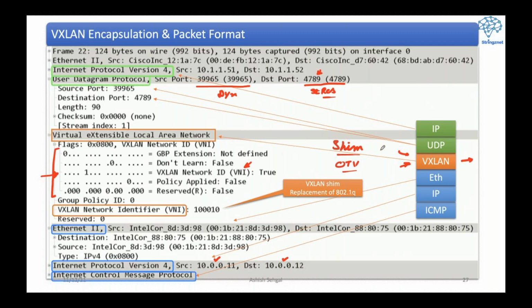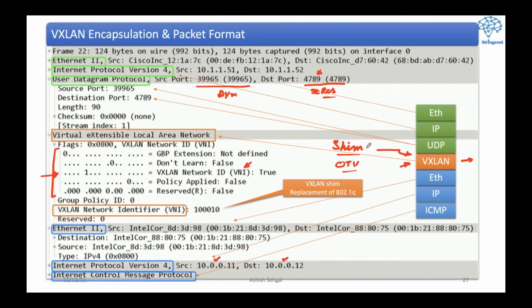Because VXLAN is an industry standard, in the books you will not see the terminology shim for the VXLAN header, but yes, you can call this a shim header.